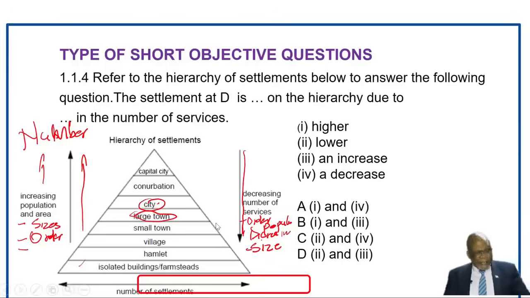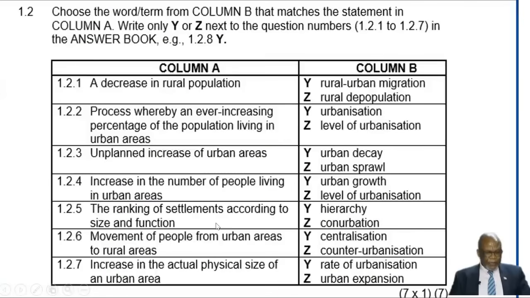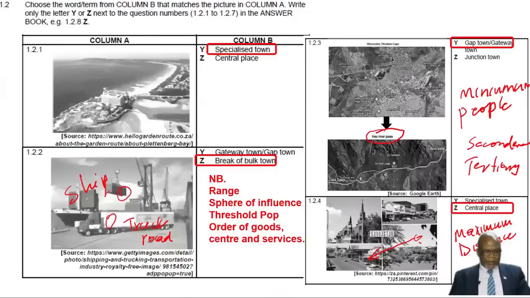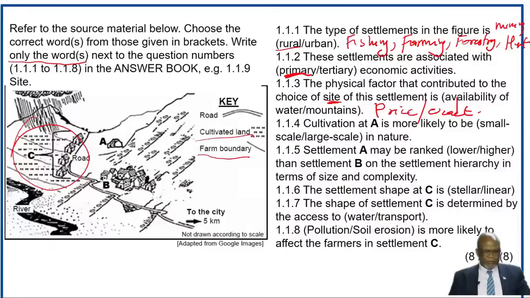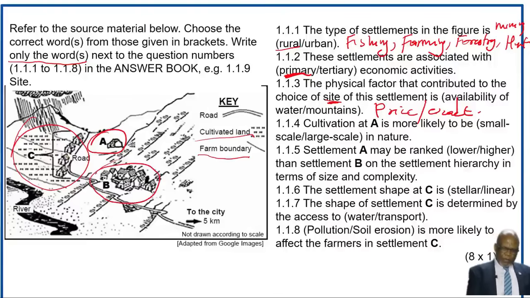So what are you looking at here? You are looking at A here. You are looking at an isolated farmstead, and here you are looking at a nucleated settlement. But here it is a dispersed pattern.